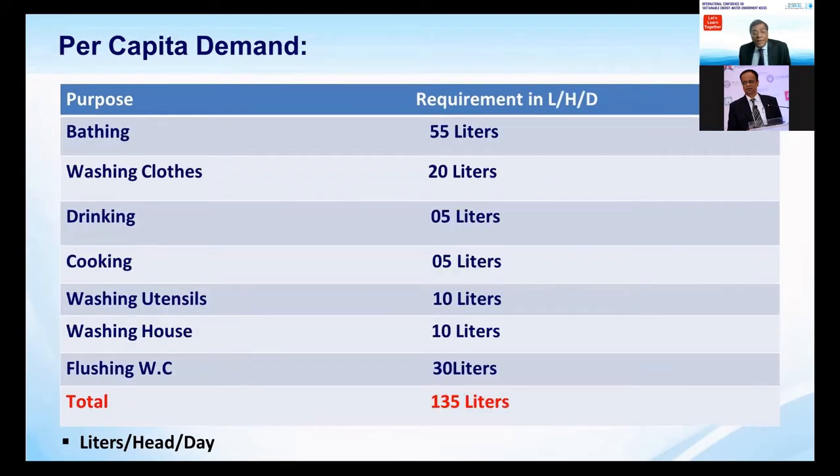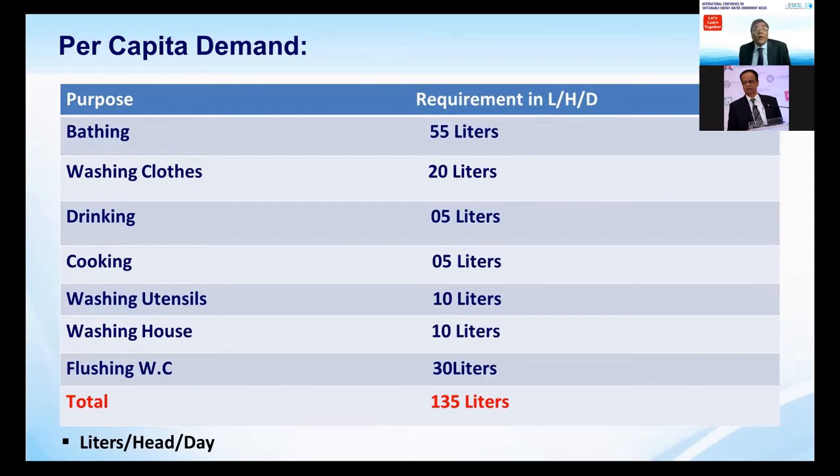The domestic consumption of 135 liters is distributed as: bathing 55 liters, washing clothes 20 liters, drinking 5 liters, cooking 5 liters, washing utensils 10 liters, washing houses 10 liters, and WC 30 liters. The total domestic consumption when you plan a house is 135 liters.